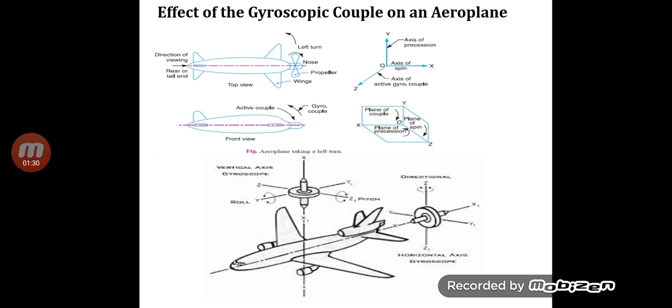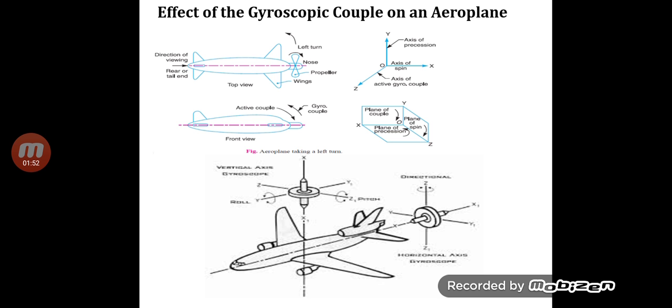Out of that, now we are going to see the gyroscopic effect on aeroplane. Here we can see the aeroplane, and in that aeroplane, as we know, turbo engines are used, which are rotating with an impeller mounted on that engine.